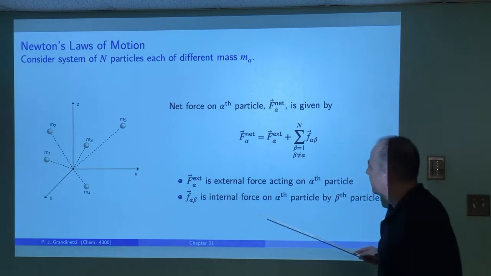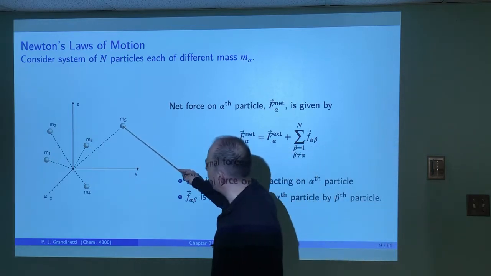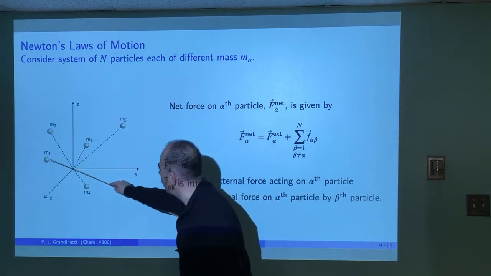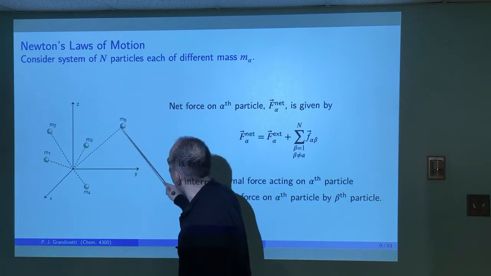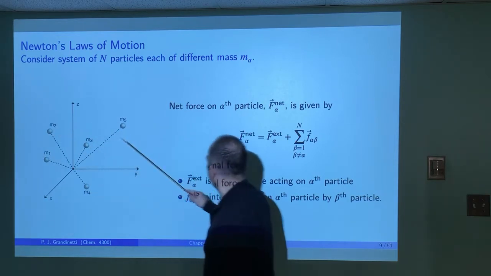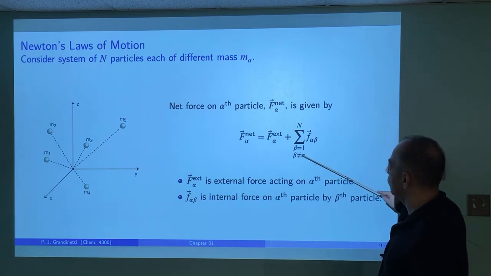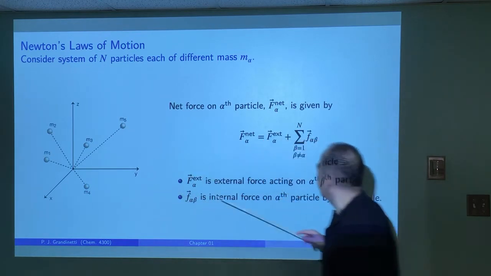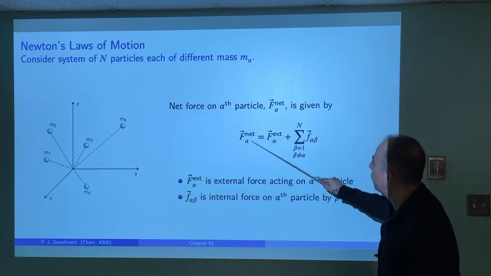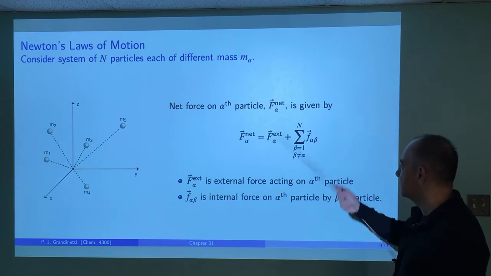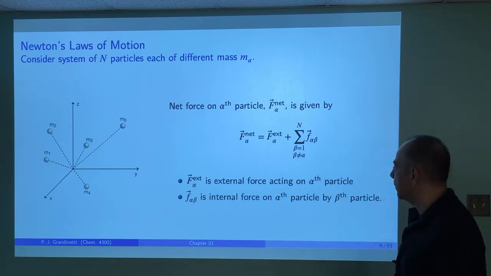So in this case, for say particle 5, there'll be internal forces of 1 on 5, 2 on 5, 3 on 5, and 4 on 5. So we'll represent that with this summation here. And we have a little notation here to tell us not to include particle 5 on 5. And that gives us the net force that's acting on particle alpha in this example here.